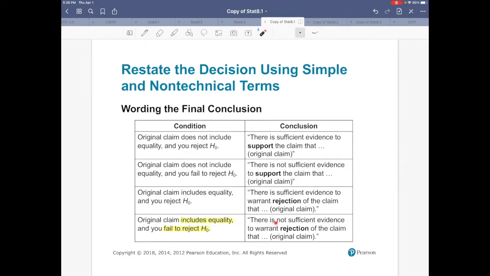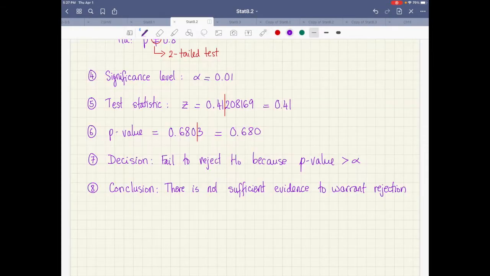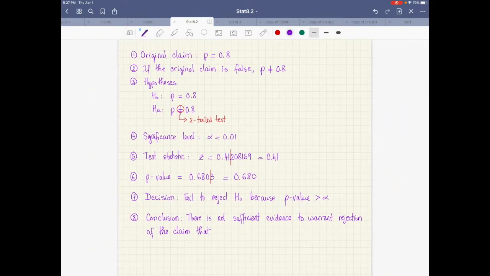There is not sufficient evidence to warrant the rejection of the claim that, and I insert my original claim here, 80% of patients stop smoking when given sustained care.